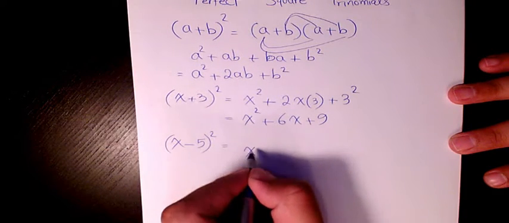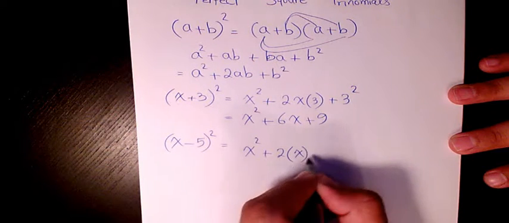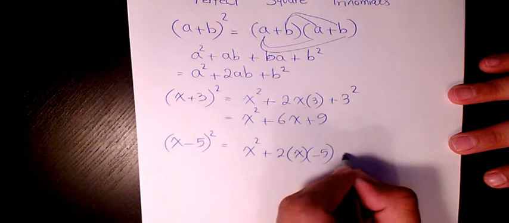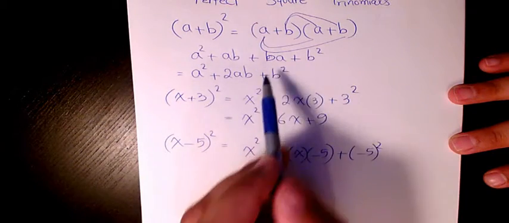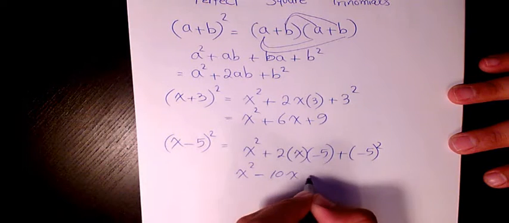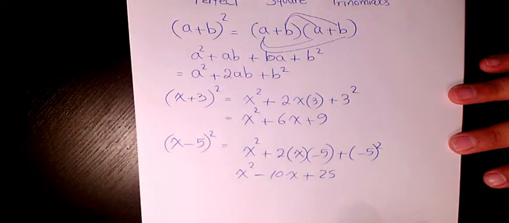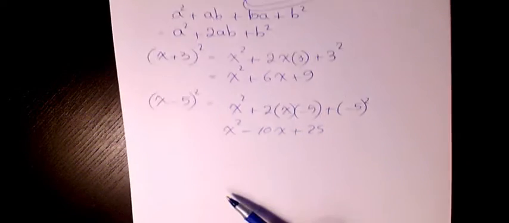That will be x squared plus 2 times x times negative 5 plus negative 5 to the power of 2. Again, all coming from this expression. So it's going to be x squared minus 10x plus 25, because negative 5 times negative 5 is positive 25.